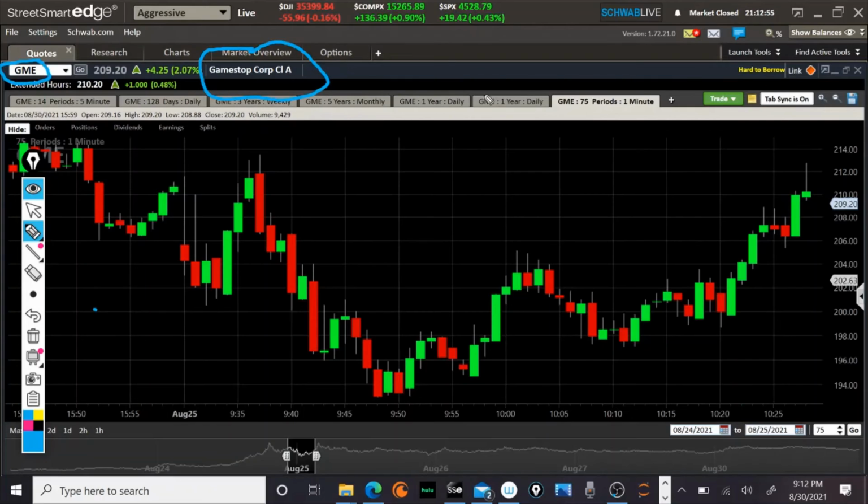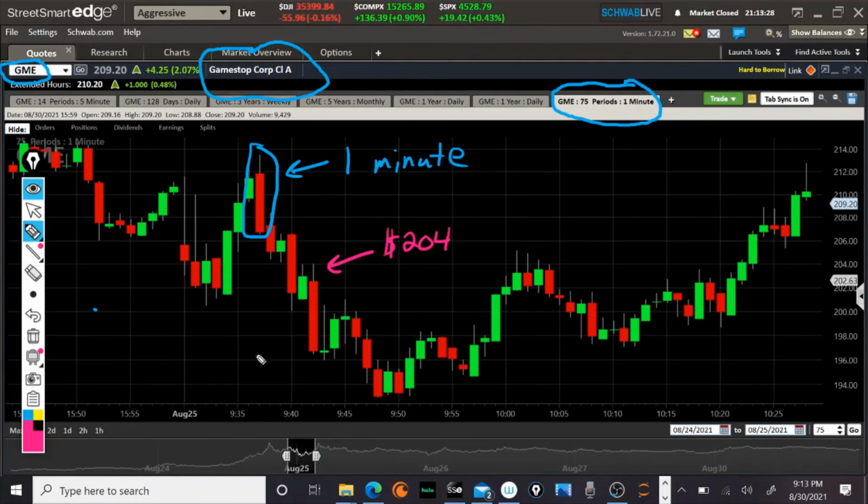So here's GameStop, GME. And we have a 1 minute chart. And here's a candlestick. Each of these represents 1 minute right now because it's a 1 minute chart. And we'll see on this candlestick here for this minute that it opened at $204 and it closed that minute at $197.